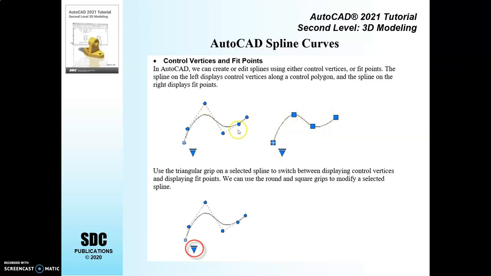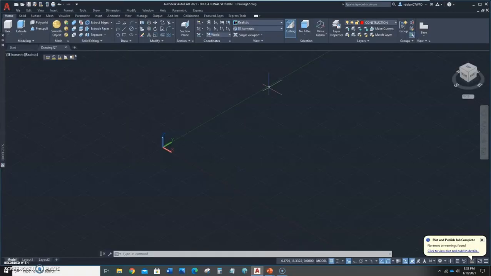You can see the difference. If we grab this one at the dot, we move it according to that position. Here we do it on the spline itself. You'll see a triangle here. If we click on the triangle, we can change this from CV to fit.